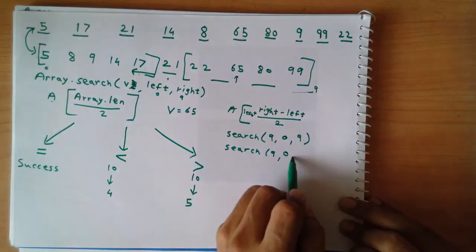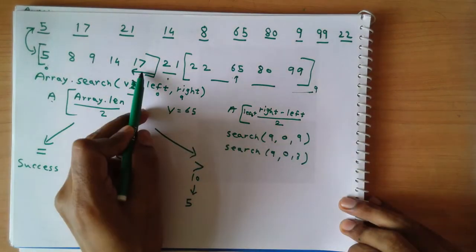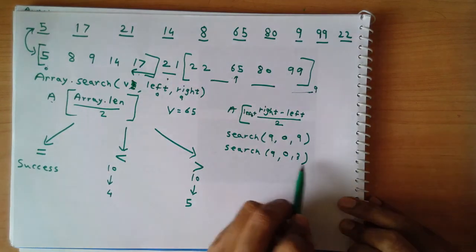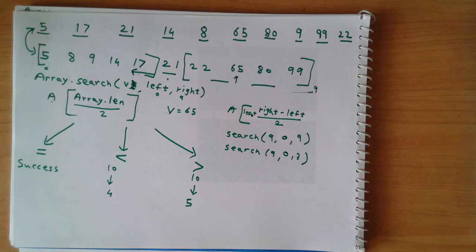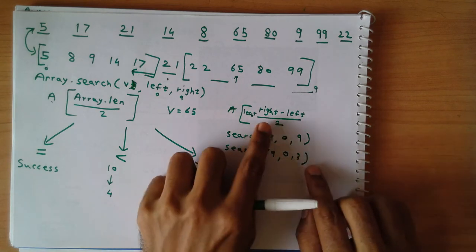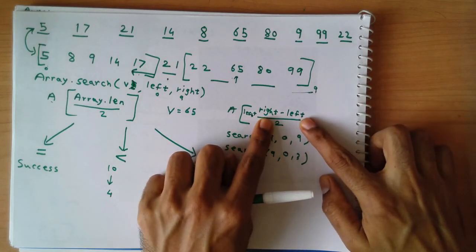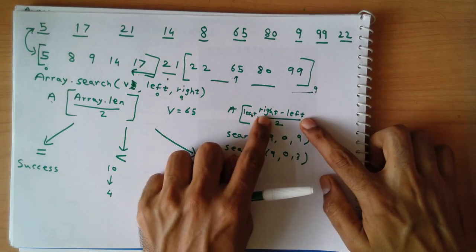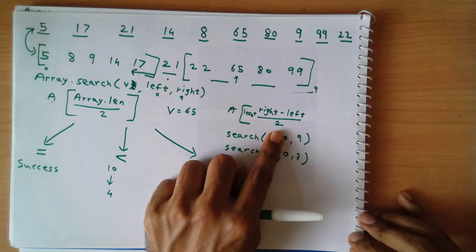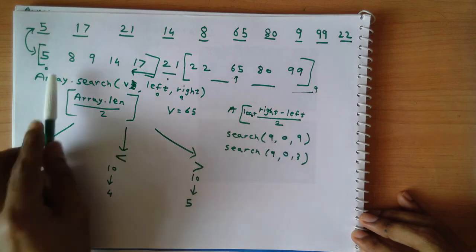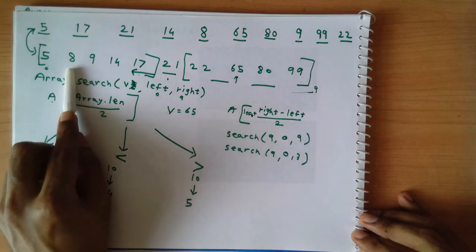Okay, because we have already compared against index 4. So now we are going to search for value 9 here, and again right is 3, left is 0. So 3 minus 0 is 3, 3 divided by 2 is 1, and 0 plus 1 is 1. So now 8 is going to be my partition element, index 1.